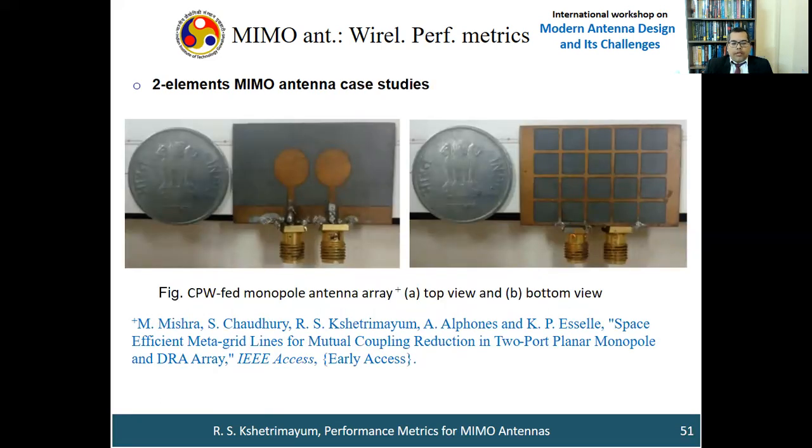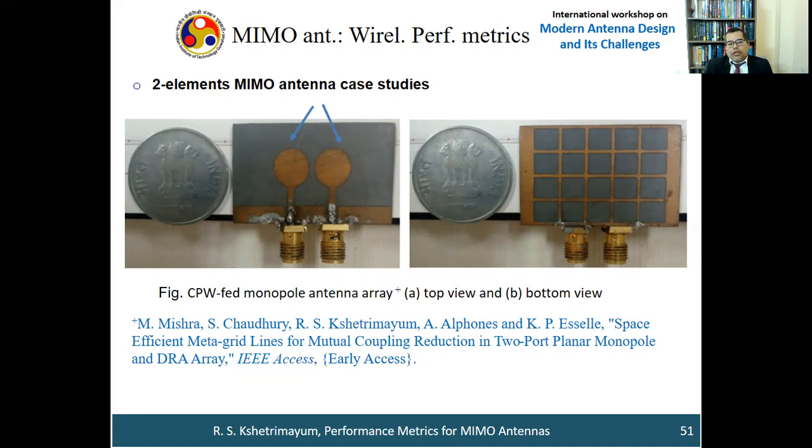This is another case study. We have carried out these case studies for several MIMO antennas. The first MIMO antenna we have considered is a CPW-fed monopole MIMO antenna array. There are two printed monopole antennas here in the form of circular printed monopole antennas.